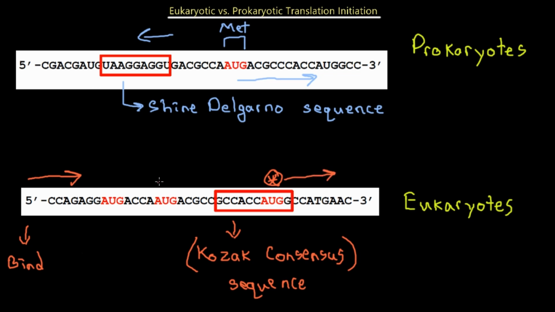But before that, it skips this AUG, it skips this AUG, because it's not within the Kozak consensus sequence. So that is the difference in the way they read their open reading frame, and the way they do the scanning in order to begin their translation initiation.